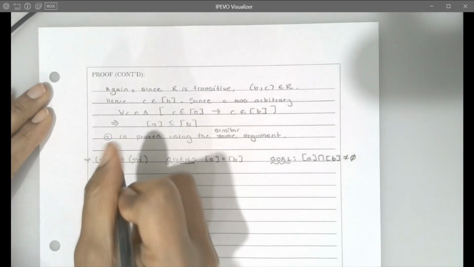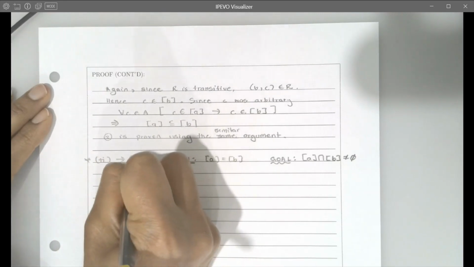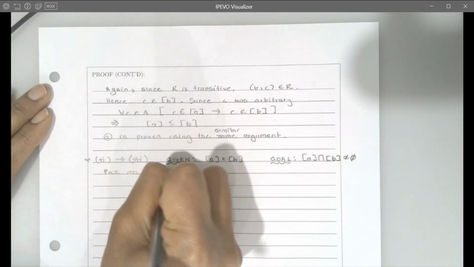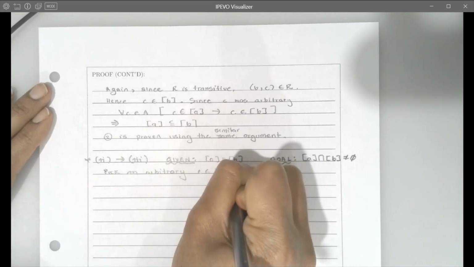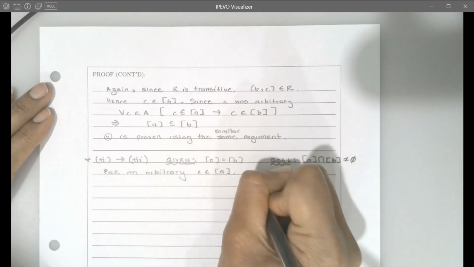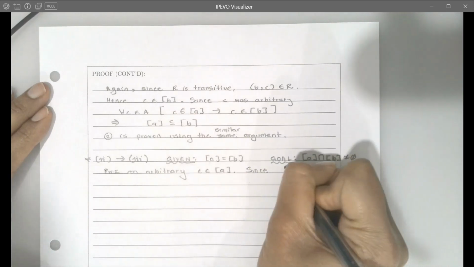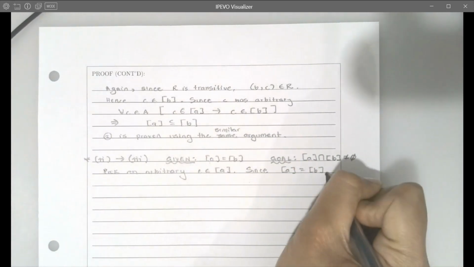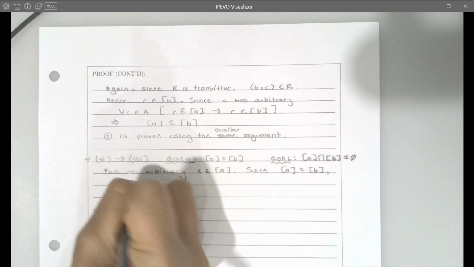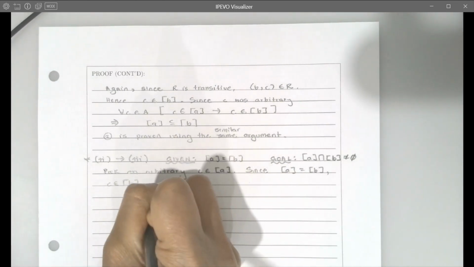Alright, so to prove that, we're going to pick an arbitrary element, let's call it C, in the equivalence class of A. Then, since A and B are the same sets, that means that C also has to be in the equivalence class of B. And what does that mean?